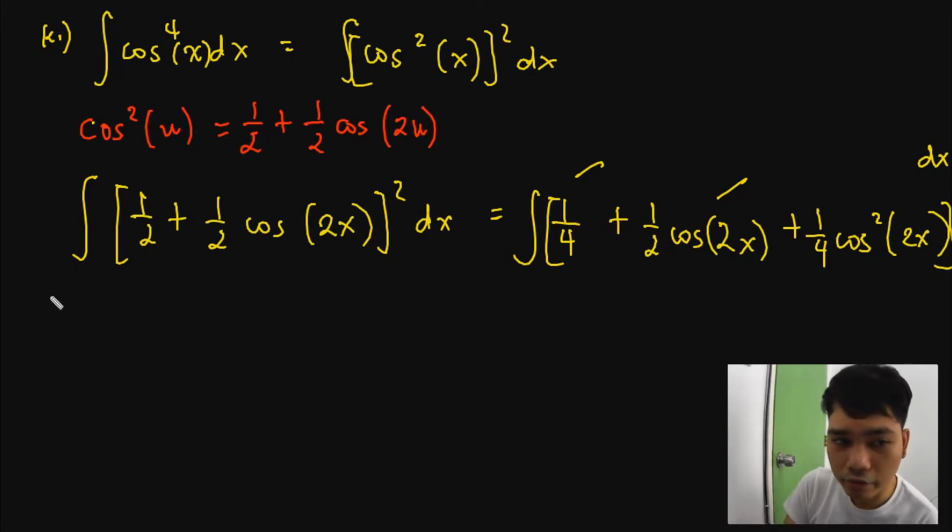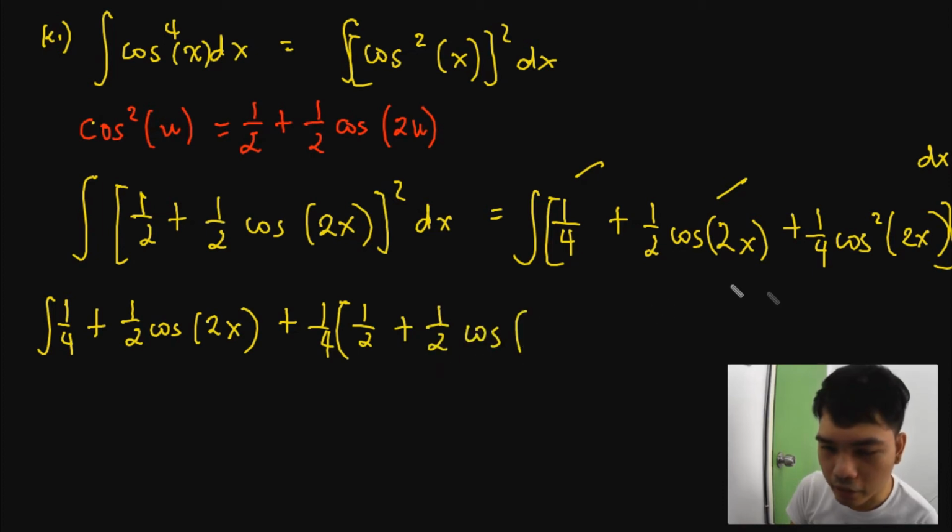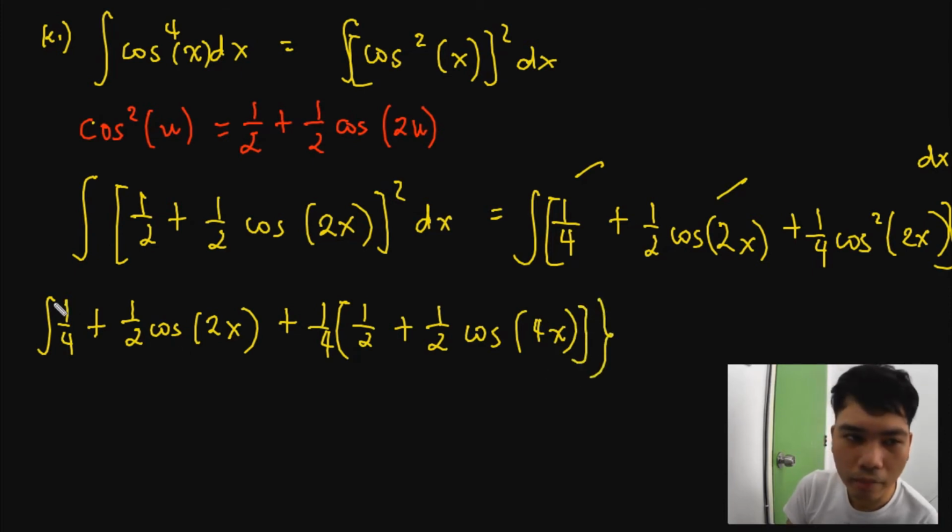So in this case, your final integrand would be 1/4 plus 1/2 cosine of 2x and then plus 1/4 times 1/2 plus 1/2 cosine, and in this case hindi na siya 2x kundi 4x. Okay, so this is your final integrand.